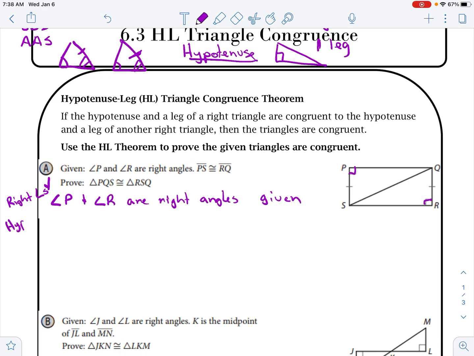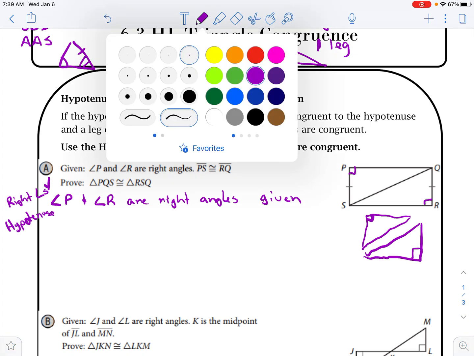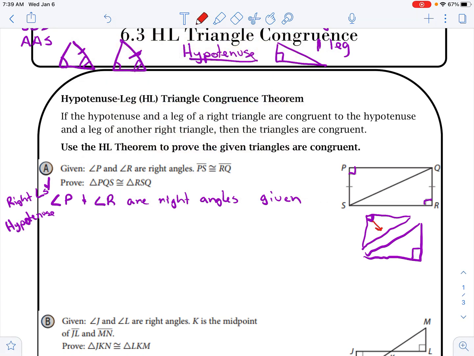Next, I need to know that the hypotenuse is congruent. If I looked at these two triangles and were to separate them, the hypotenuse is my longest side, so it would be the side that is opposite my right angle. So we're looking at that side and that side. This right here would be my hypotenuse, the side opposite.